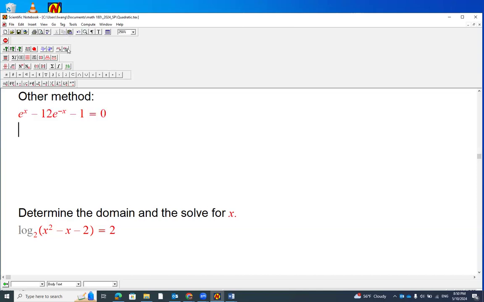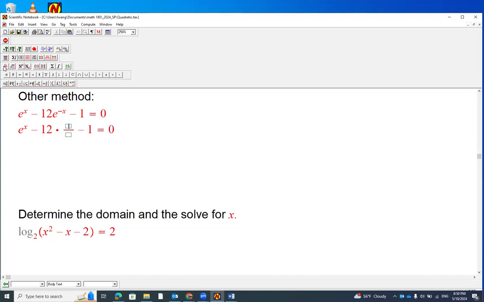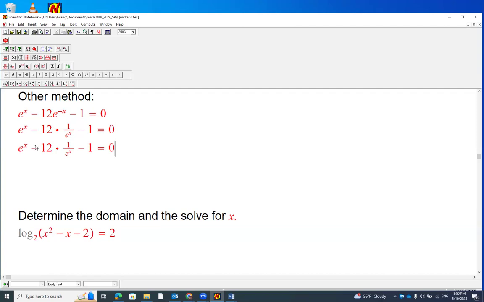This is 1 over e to the power x. So you're going to multiply e to the power x on both sides, on every term. This is just like multiplying u.